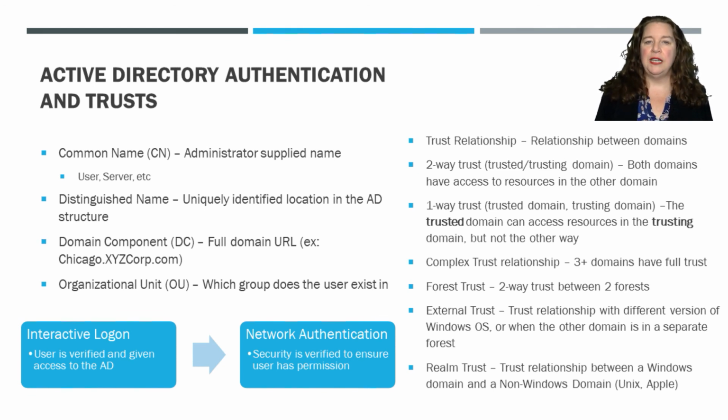Company A, Company B, they share resources, everybody shares with everybody else, and we're happy. So both directions share. They are both trusted and trusting domains. That's a two-way trust. A one-way trust has a trusted domain and a trusting domain. The trusted domain has access to the resources in the trusting domain, but not the other way around.